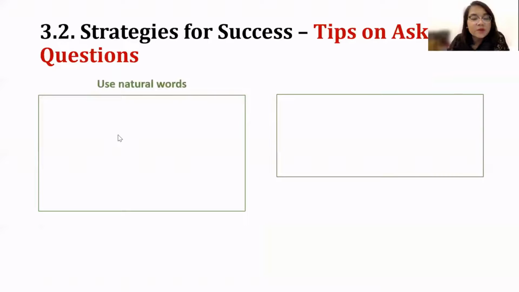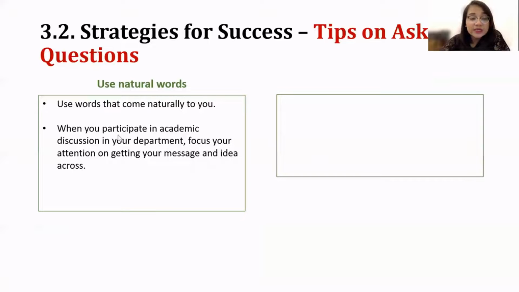The next one, use natural words. Only use words that come naturally to you. When you participate in academic discussion in your department, focus your attention on getting your message and idea across. Don't shift your focus to selecting a high level of words or sophisticated words.